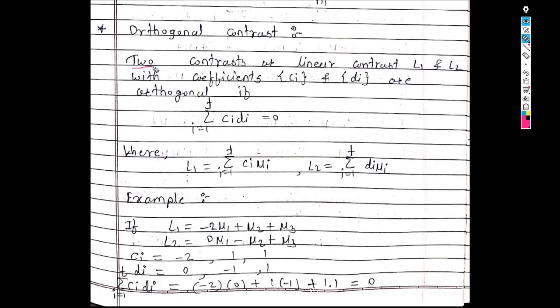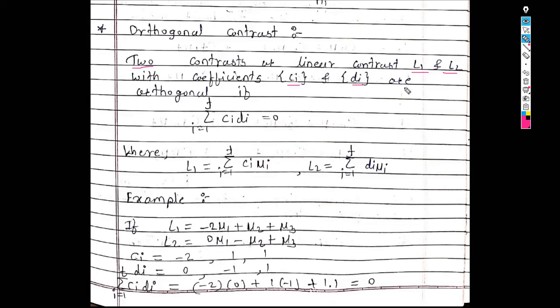So suppose we have two linear contrasts. Suppose the first linear contrast is denoted by L1 and the second one is denoted by L2, with coefficients ci and di. For L1 we have coefficients ci and for L2 we have coefficients di.